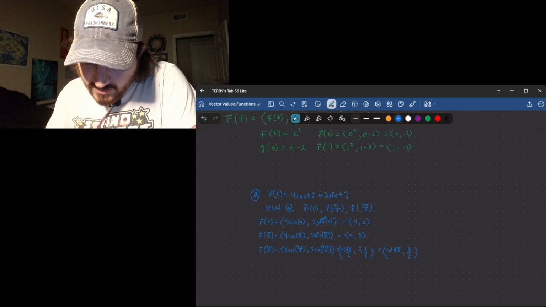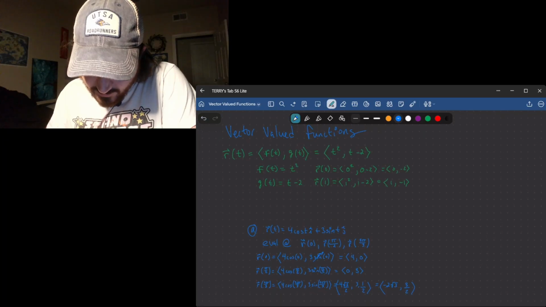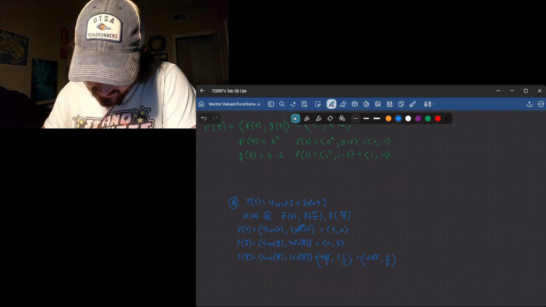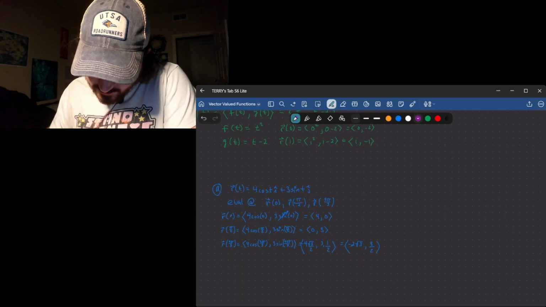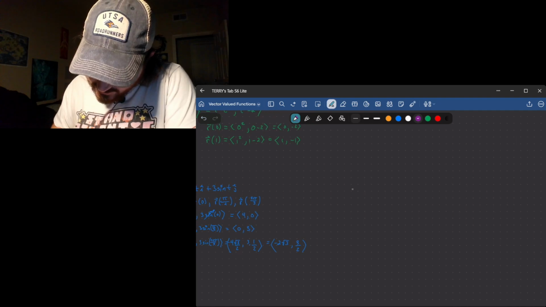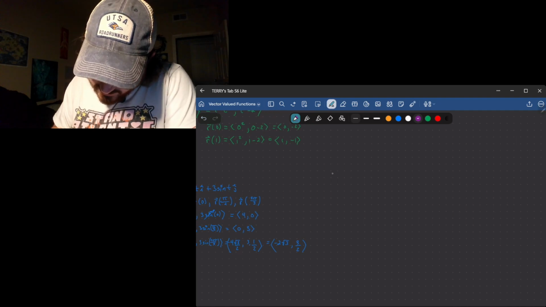You can also deparameterize these to graph them. In fact, this example I grabbed conveniently works pretty well to illustrate this point as well. So let's go ahead and do it real quick. So I'm going to do two things here. I'm going to write a quick little chart here where we're going to have t, and then we're going to have x, and we're going to have y.